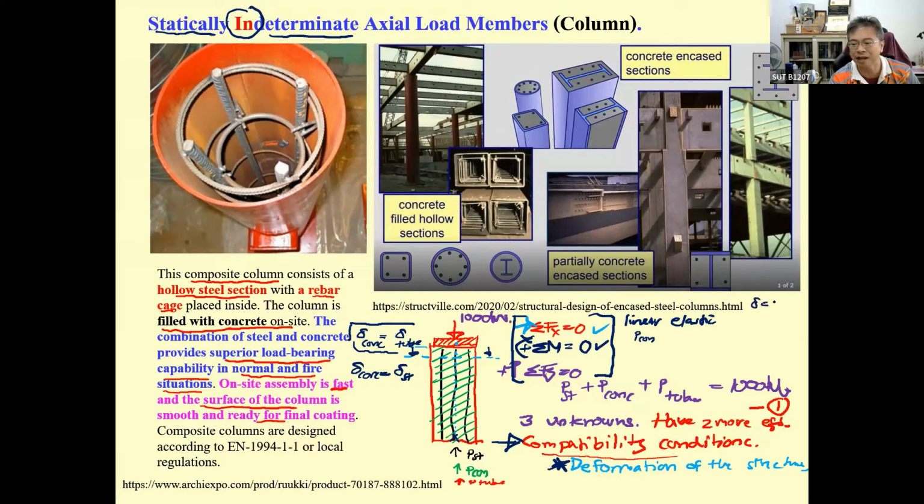You have deformation equal to PL over AE, so L of the concrete divided by A of the concrete and E of the concrete, equal to P2, L2 divided by A2 and E2, and then that is equal to P of the steel, L of the steel divided by A of the steel and E of the steel, and then you have two more conditions used to solve this problem.